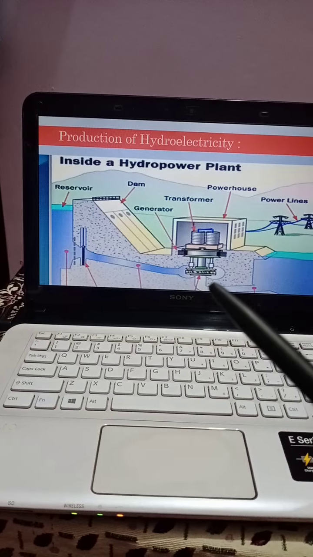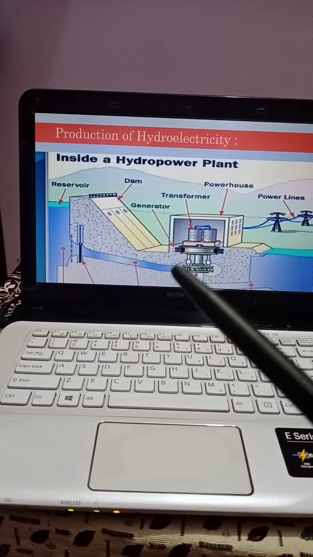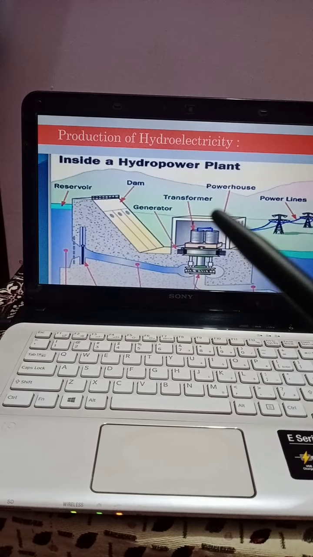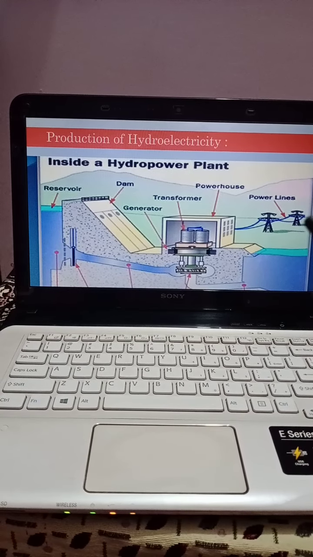Because of this kinetic energy, this mechanical part, the turbine, starts to rotate, and then this kinetic energy converts into electrical energy, and the electrical energy is generated.